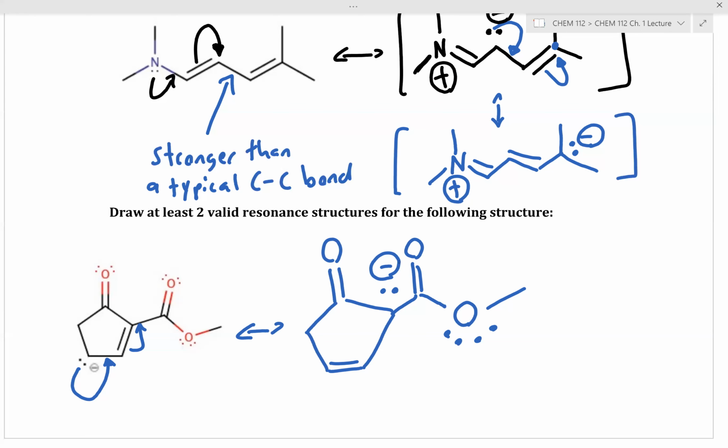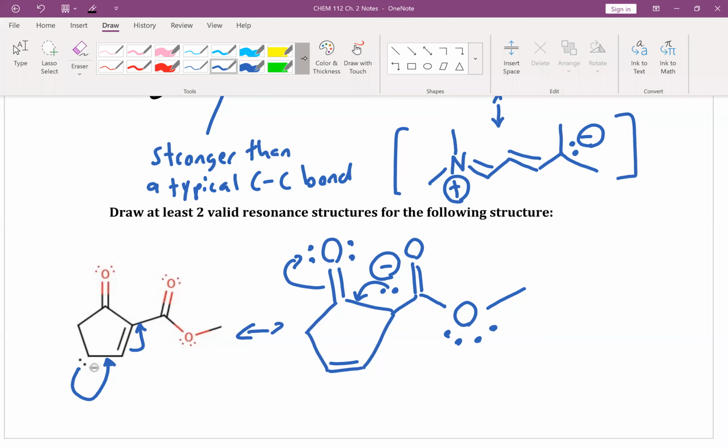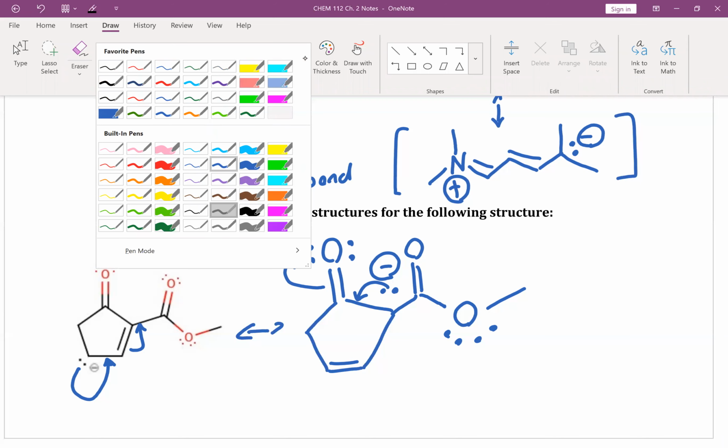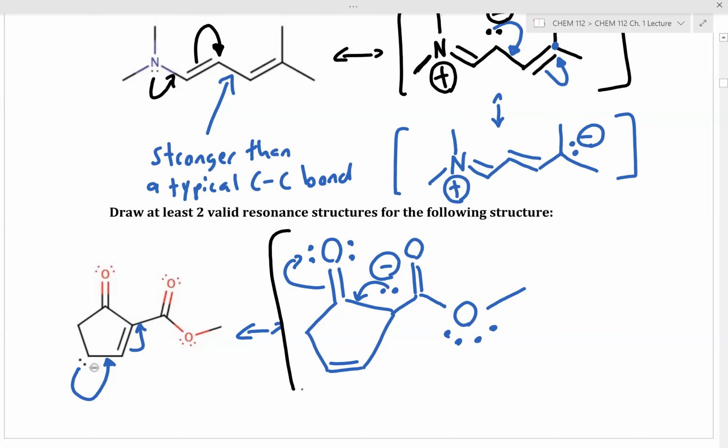I'm going to draw the next most favorable resonance structure, and I want us all to think a little bit on why this structure is so favorable. So I'm going to take my lone pair and kick it down to form a new double bond, and then our double bond that we currently have gets broken. And that gives us our second major resonance structure that I'm going to draw in a slightly different color.